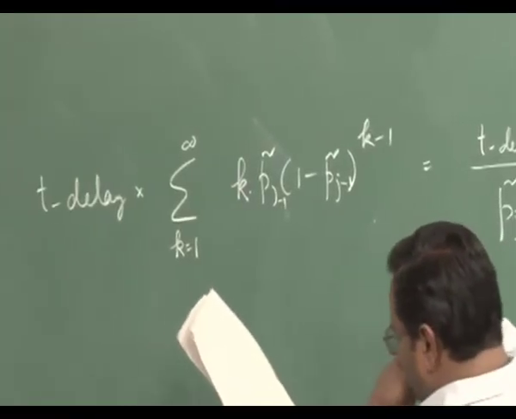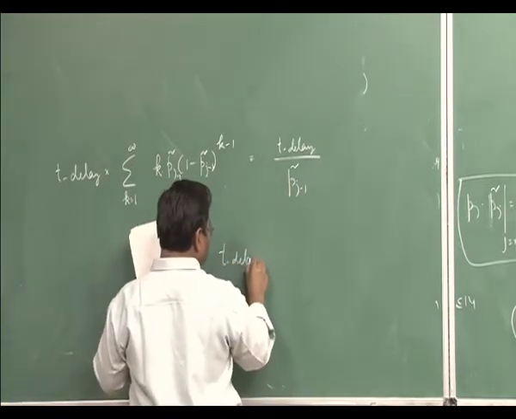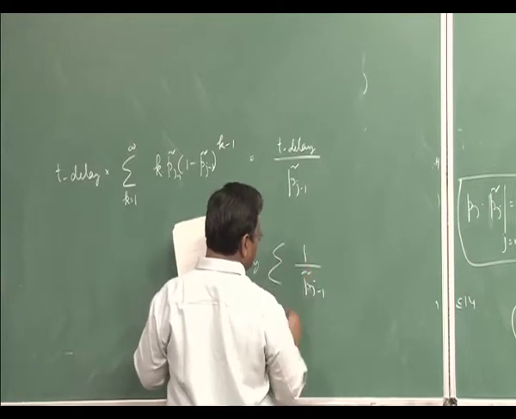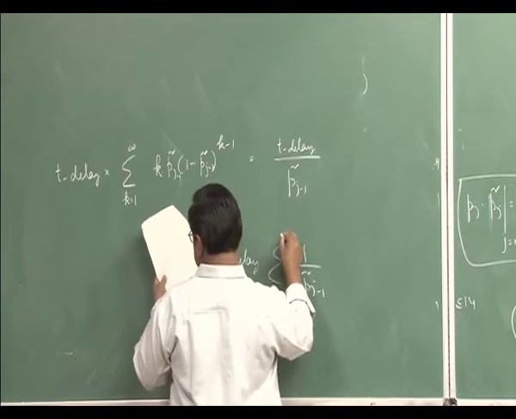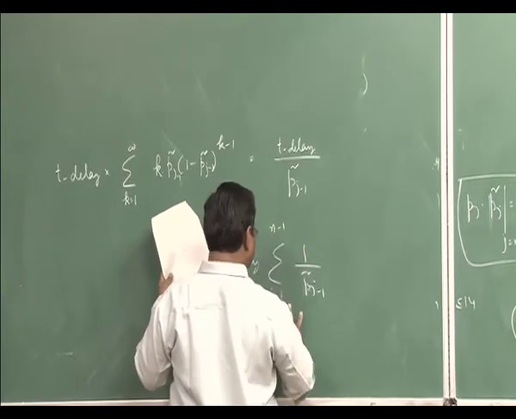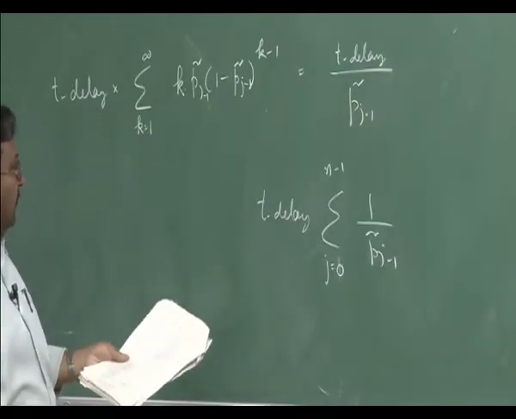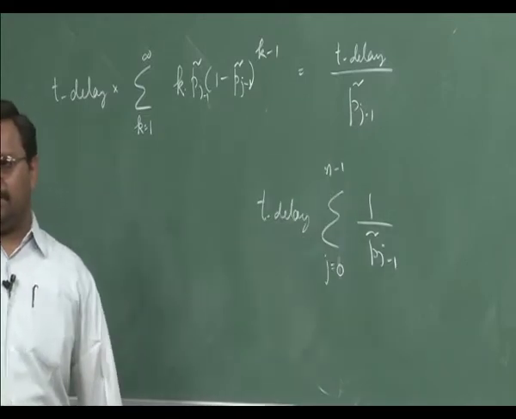So this is the one stage, and total amount of delay will be nothing but t delay times the summation over 1 over pj minus 1 tilde, for j going from 0 to n minus 1, I think. This is the total delay in the transmission from the 0th stage to the n minus 1st stage.